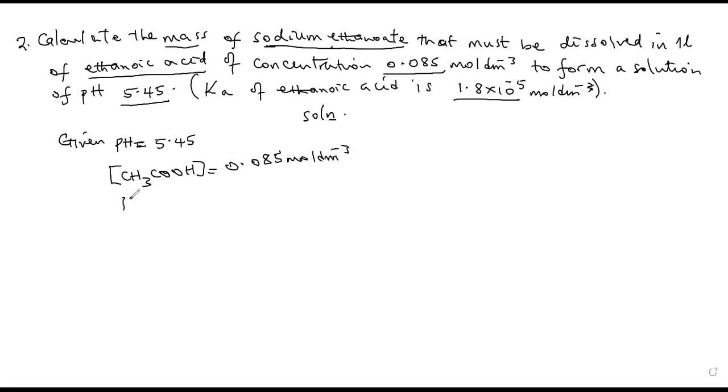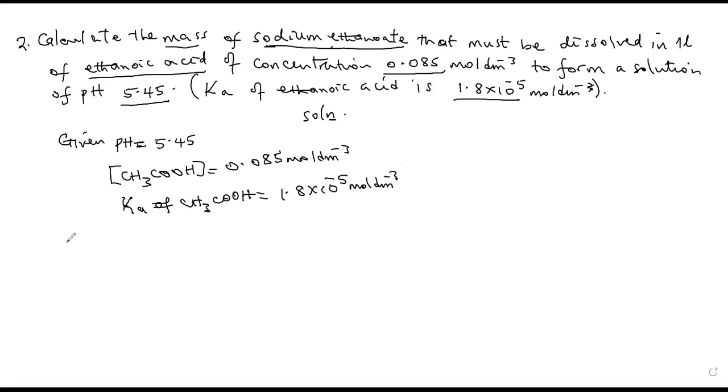We are also given the Ka of ethanoic acid as 1.8 to the exponent -5 moles per decimeter cubed.